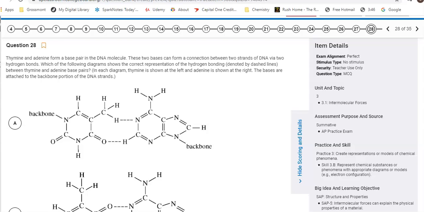In both of those, where the dashed lines are, those hydrogens are attached to carbon. So you cannot hydrogen bond when the hydrogen's attached to carbon. It must be attached to nitrogen, oxygen, or fluorine, and it must be hydrogen bonding with a lone pair on nitrogen, oxygen, or fluorine. Anything other than those three elements, you can't have a hydrogen bond.